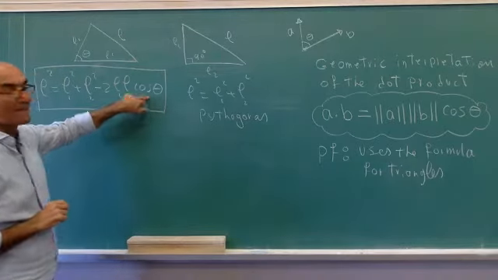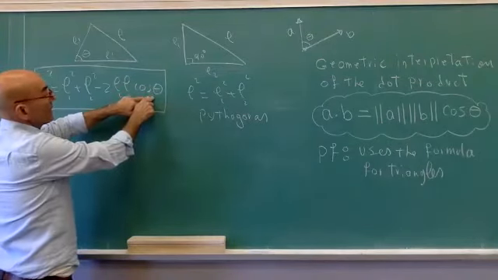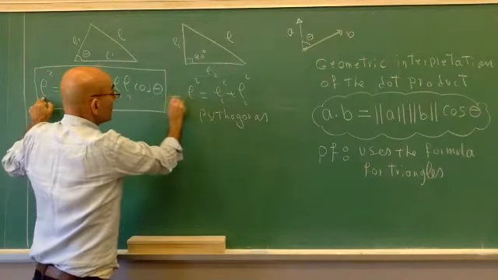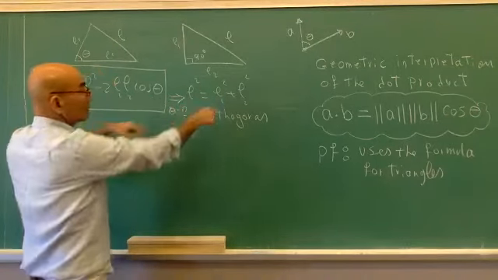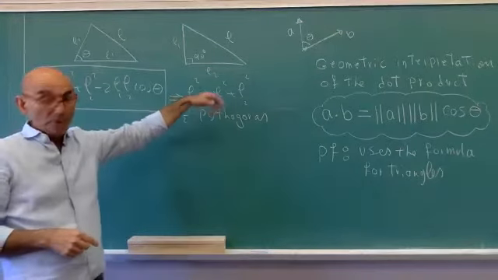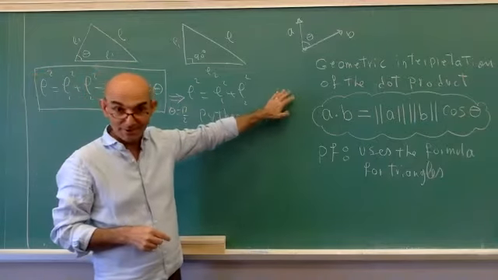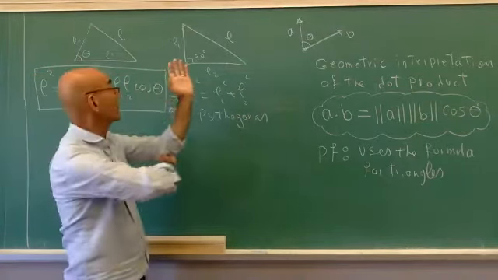Of course, you notice if theta is 90 degrees, cosine of theta is 0, so you recover Pythagoras. So if theta is pi over 2, which is 90 degrees, you get Pythagoras. But this is more involved than Pythagoras. There is an extra term here which is missing in Pythagoras exactly because the two things are orthogonal to each other, 90 degrees.